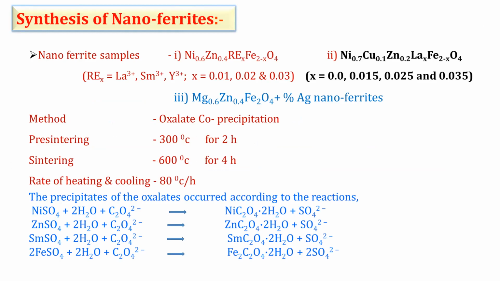As well as lanthanum substituted NiCuZn ferrites and Al doped MgZn ferrites in the form of nanocomposite or nanoferrites. Now, the co-precipitation method can be discussed by using this method.